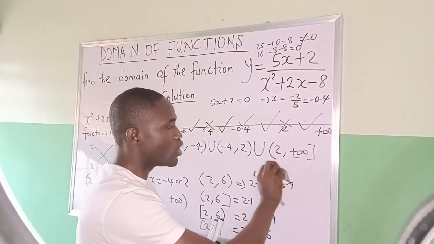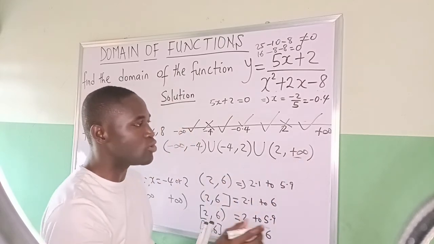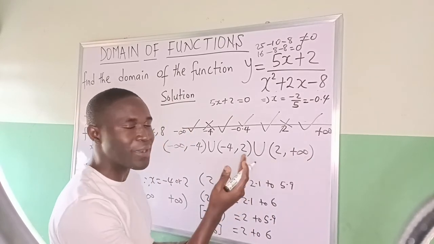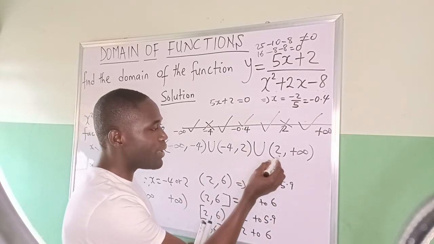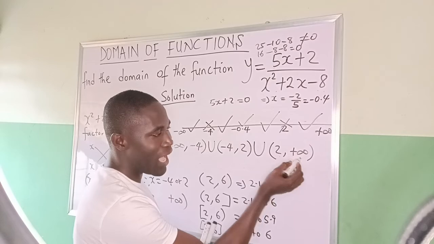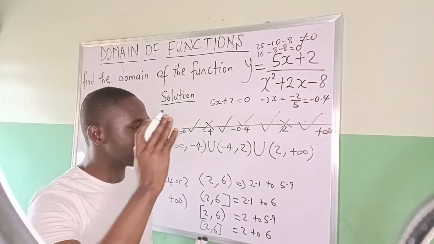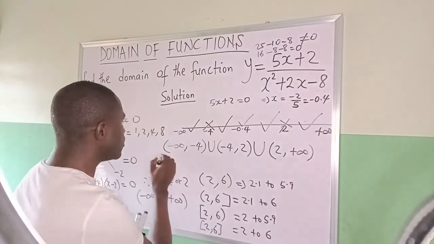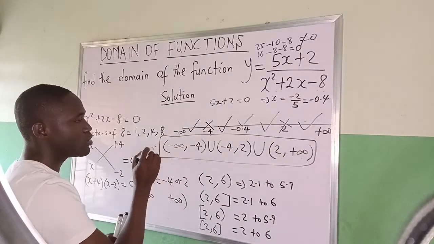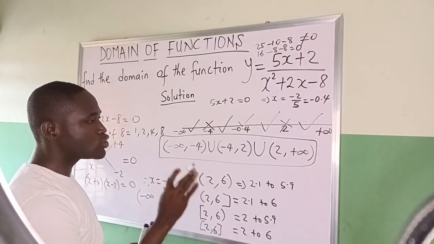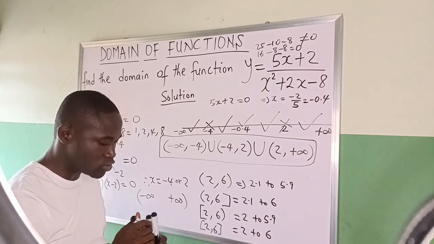So we don't put a closed bracket, we put an open bracket, telling you that this is not a number but represents sets of numbers. So numbers greater than 2 to wherever positive numbers go are included. So this will be the answer to that question using our open and closed brackets, so that we package everything together.